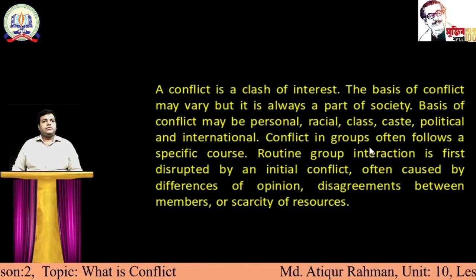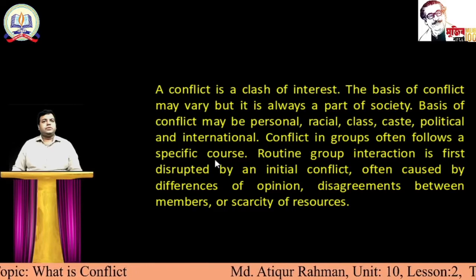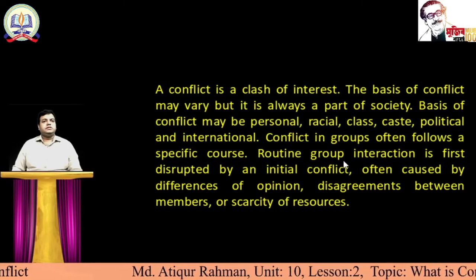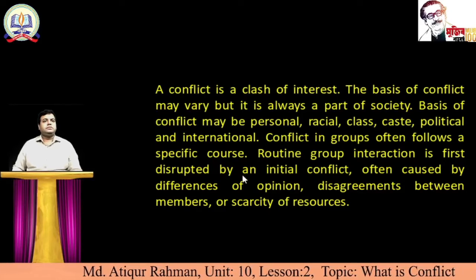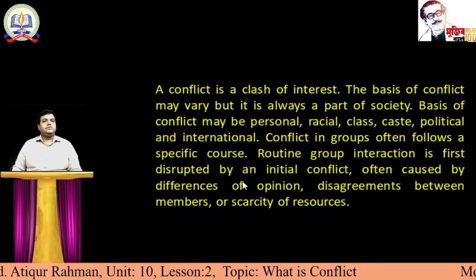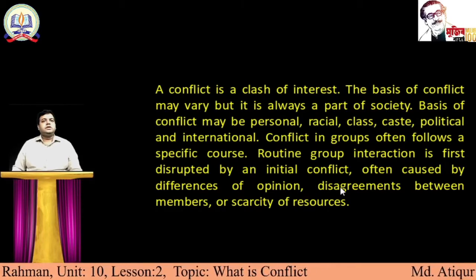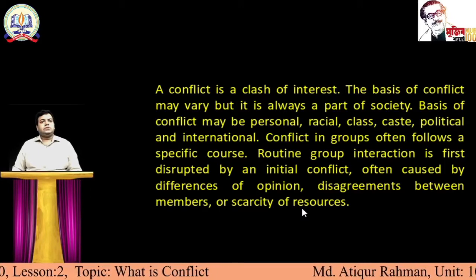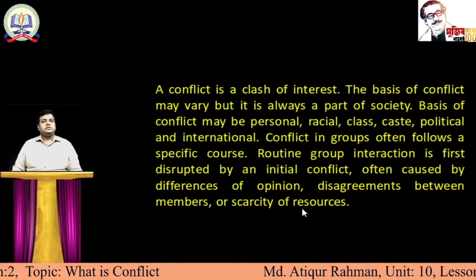Conflict in groups often follows a specific course. Routine group interaction is first disrupted by an initial conflict, often caused by difference of opinion, disagreements between members, or scarcity of resources.